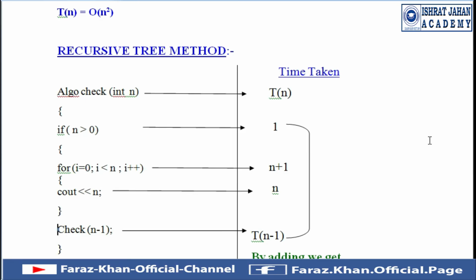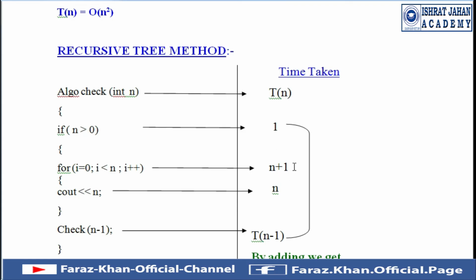Okay, so if I write the time complexity of the above code, the time complexity of this is Tn, right? The time complexity of this would be 1.